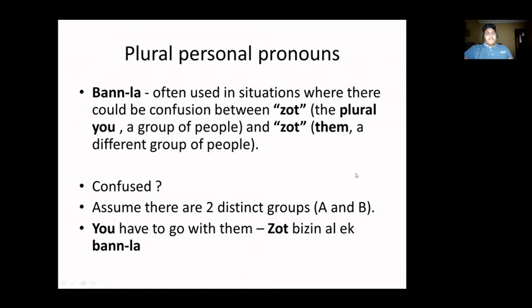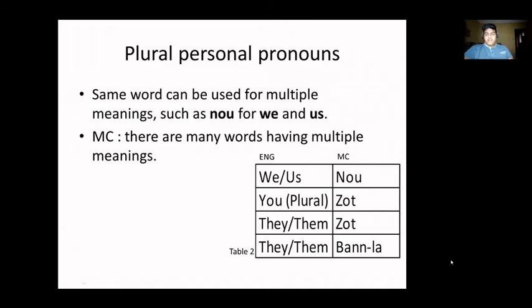Now on the next slide, you have seen that in table 2, for them and they, you can either use zut or banla. For the plural pronouns they and them, you can either use zut or banla.